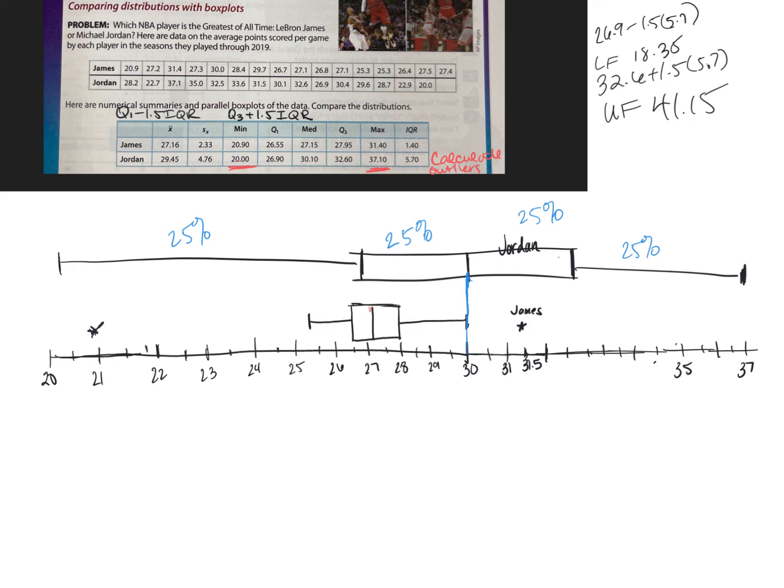Jordan's median is bigger than James's maximum. 50% of the seasons, Jordan scored an average points per game more than LeBron's maximum season.